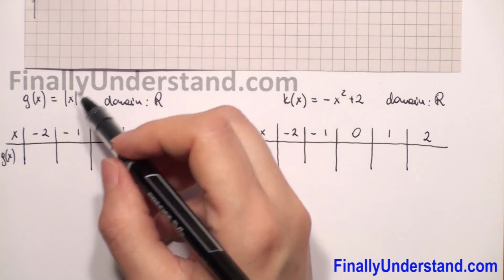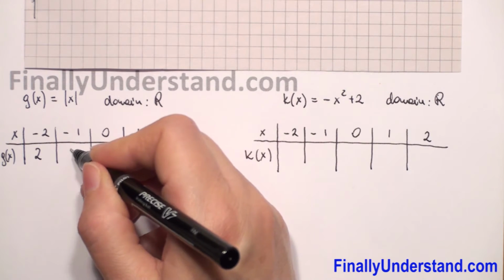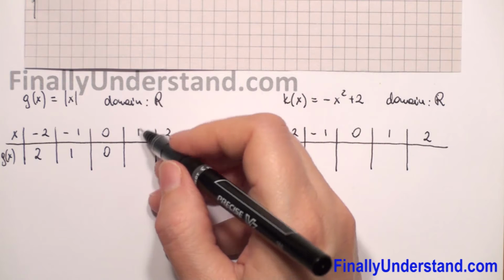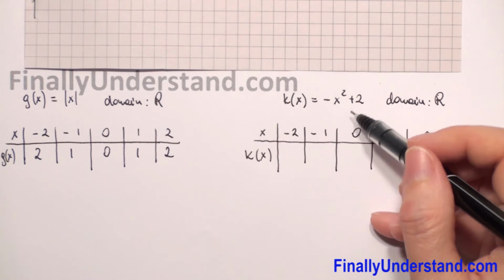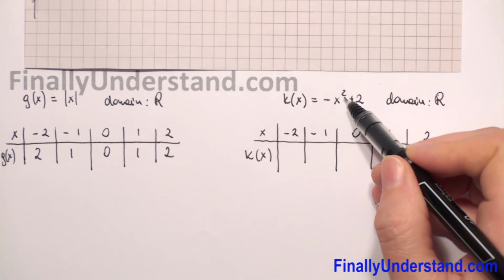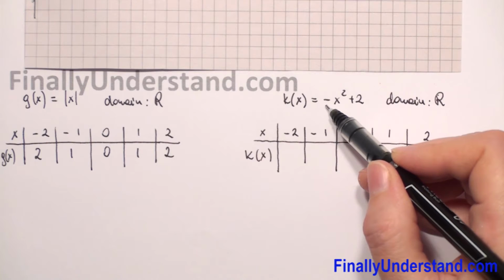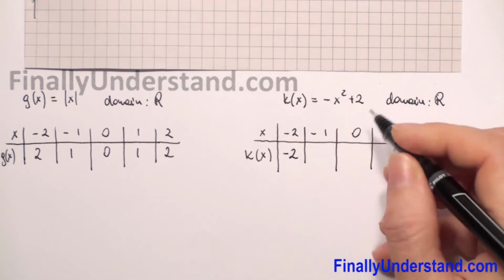And now the absolute value of negative 2 is 2, absolute value of negative 1 is 1, absolute value of 0 is 0, absolute value of 1 is 1, absolute value of 2 is 2. And now we have to substitute x by negative 2. Negative 2 to the second power is 4. We have a negative sign, so it will be negative 4 plus 2, which is negative 2.